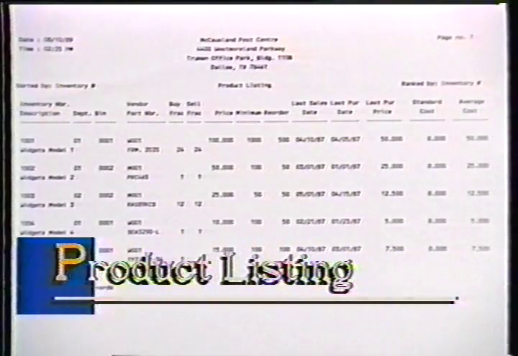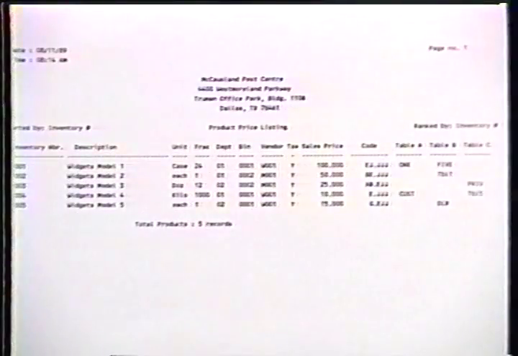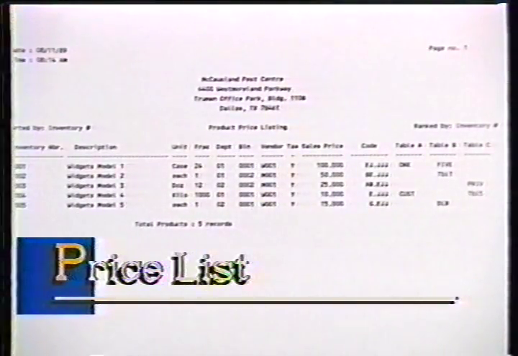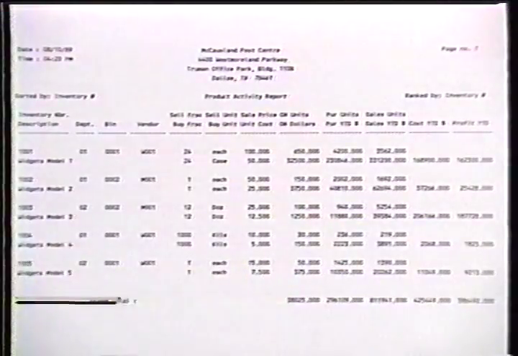Under Inventory, you can request a product listing, a service listing, a price list, a price table, an activity report, and an alert report.